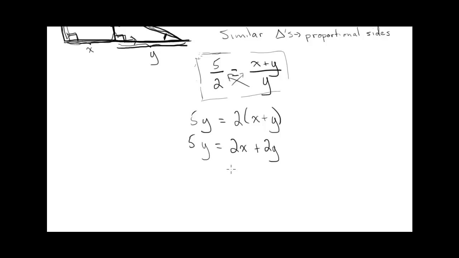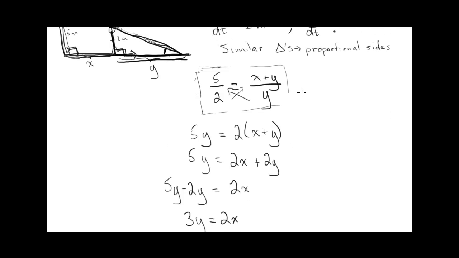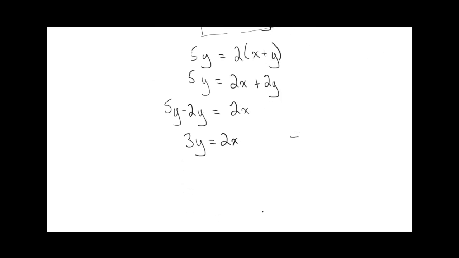And then look, I can group the y's. So subtract 2y from both sides, and we'll get 3y. So now this is a way better relationship between x and y. Way easier than this. That would have been difficult to differentiate, and this is going to be easy to differentiate.